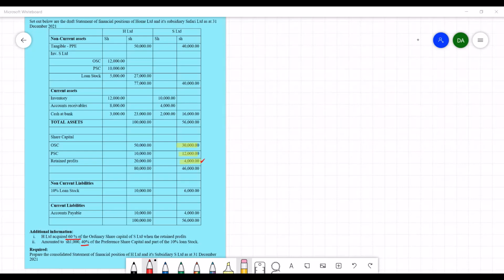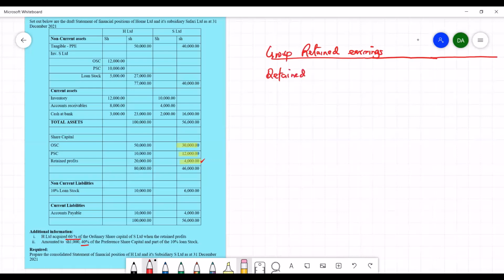If we want to determine the group's retained earnings, using this example that we have been using, we have said that the group's retained earnings consists of retained earnings in H Limited, which is the holding company.